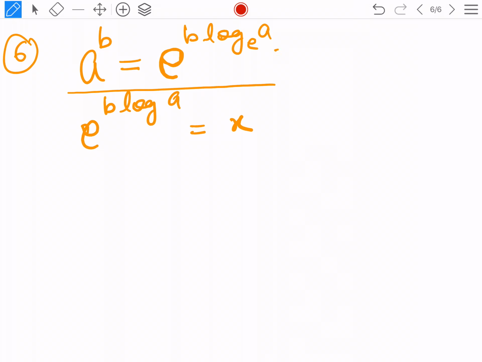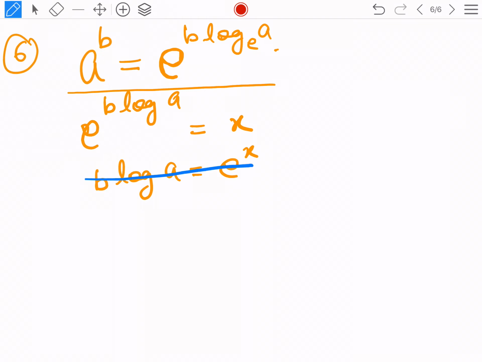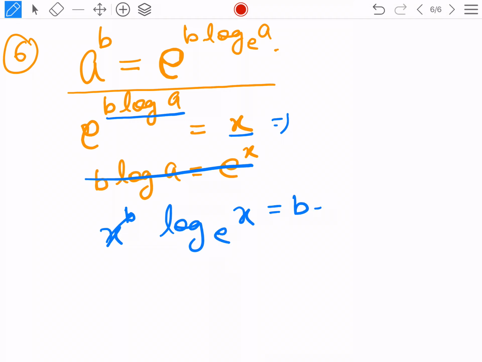Then according to the rule of a logarithmic function, log of x base e is equal to b log a.